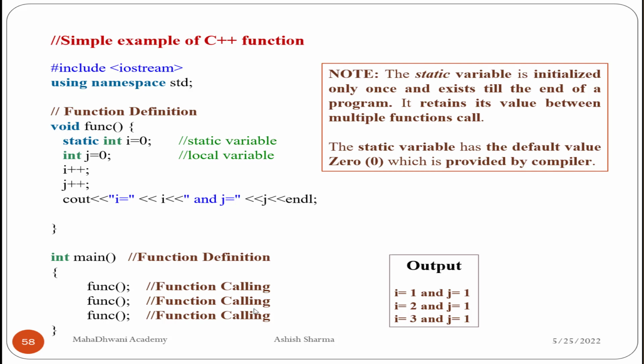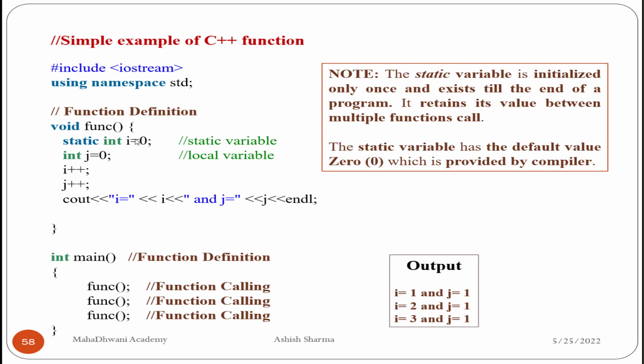The next statement again is a function call. Func function, when our program control finds it, again it jumps to the function definition. Whenever it jumps to the function definition, it again takes the values of i and j. So what is the value of i now? I told you at the start, the static variable always retains its value till the end of the program.